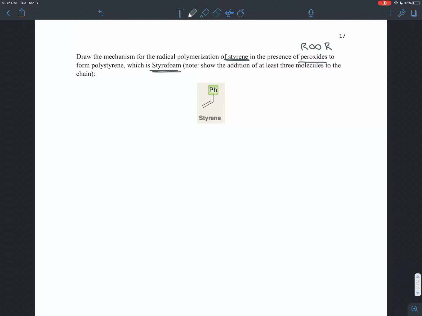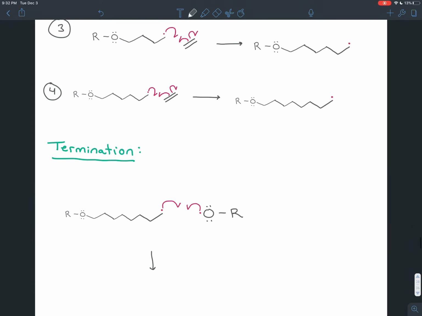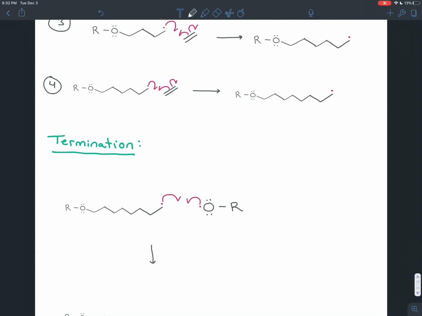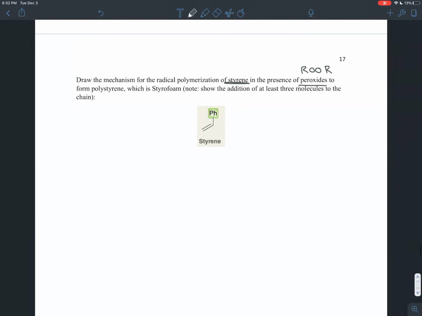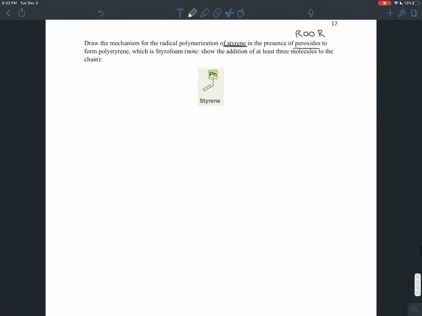And notice that this is what styrofoam is. Before, if you just use ethylene, you get the plastic, that clear plastic in water bottles. If you use styrene, which is really similar, you end up getting styrofoam. And the styr in styrofoam is coming from this styrene compound.